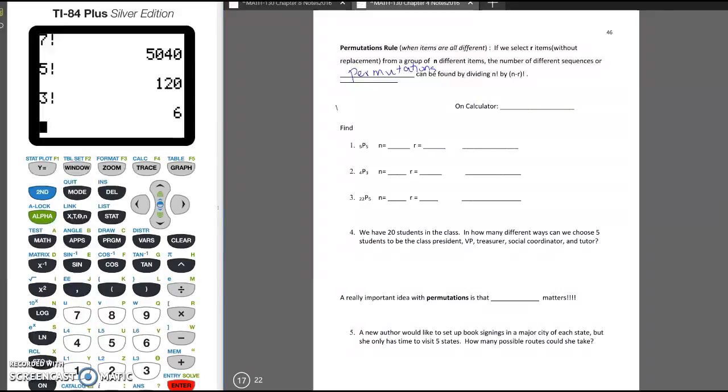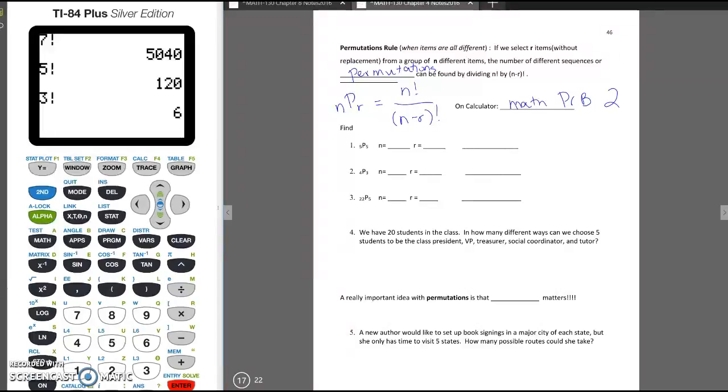So you'll see this nPr. This is, if you have n objects, the number of ways to permute r of them. The formula is n factorial over n minus r factorial. Now on our calculator, we'll be able to go to math and then go over to PRB and then choose number 2, and we'll be able to do permutations.